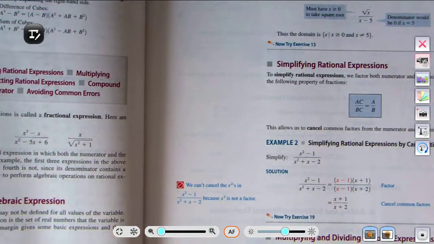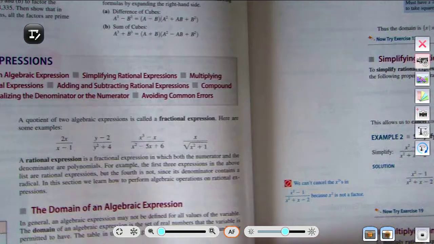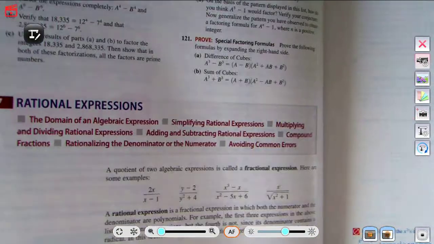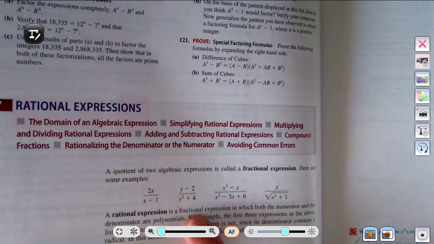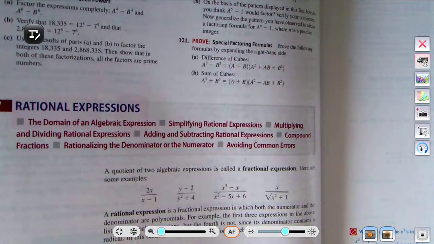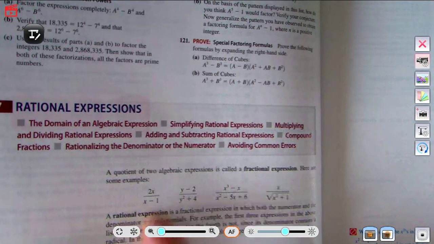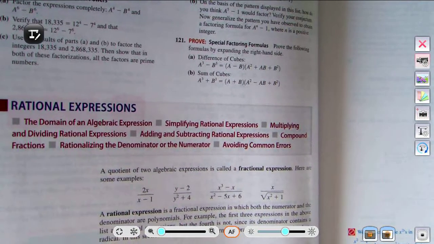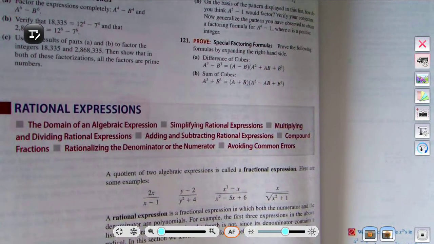Section 7 is all about rational expressions, and these were the ones that students really did not like. Rational expressions are when we have polynomials over polynomials, and we want to simplify them.